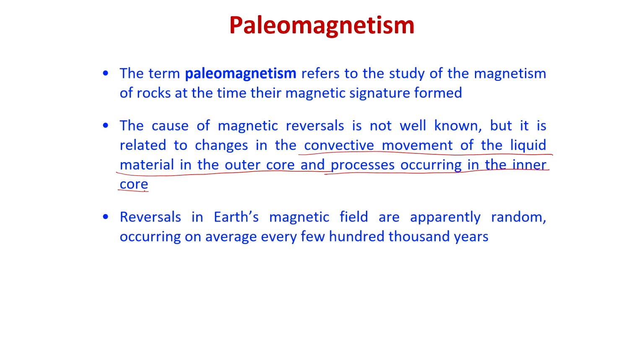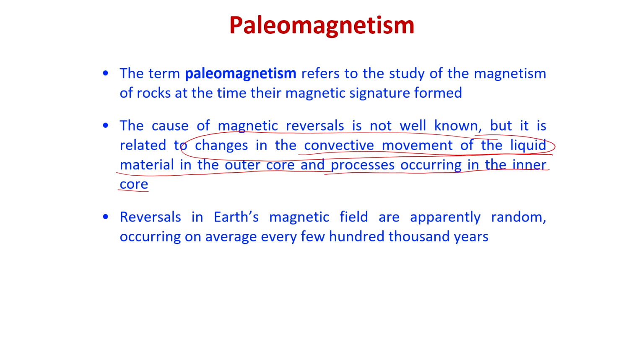Reversals in Earth's magnetic field are apparently random, occurring on average every few thousand years, but it is not fixed that it will happen. It is related to changes in the convection movements.